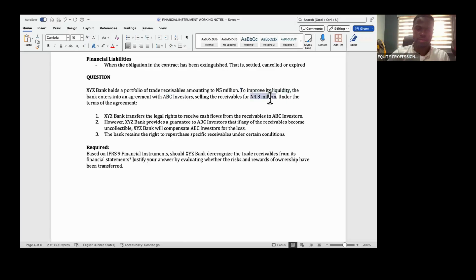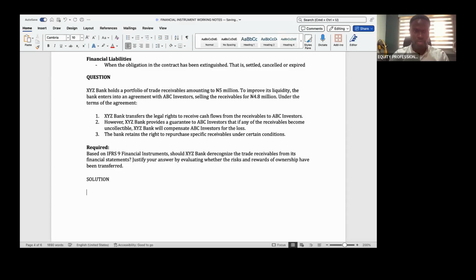And these are the agreements. Number one, XYZ Bank transfers the legal right to receive cash from the receivables. Number two, XYZ Bank provides a guarantee to ABC investors that if any of the receivables become uncollectible, XYZ Bank will compensate ABC investors for the loss. Number three, the bank retains the right to repurchase specific receivables under certain conditions.